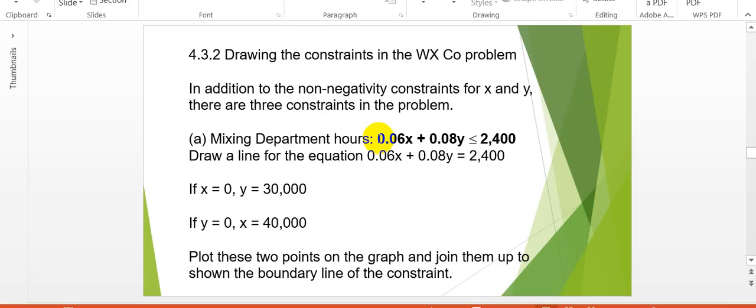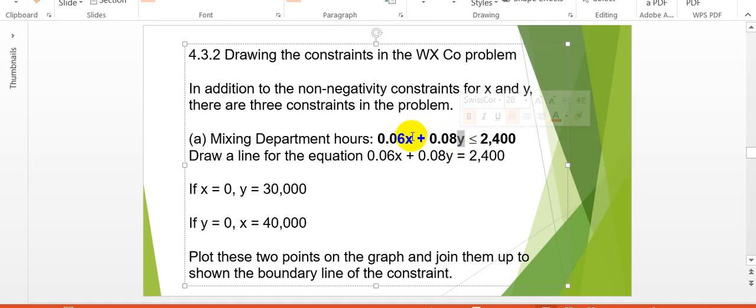Then we say if we produced 0x, so we assume you don't produce any x, how many hours would 2,400 produce of y? Remember, the 2,400 hours is available hours. You're trying to produce y, and y requires 0.08 hours.